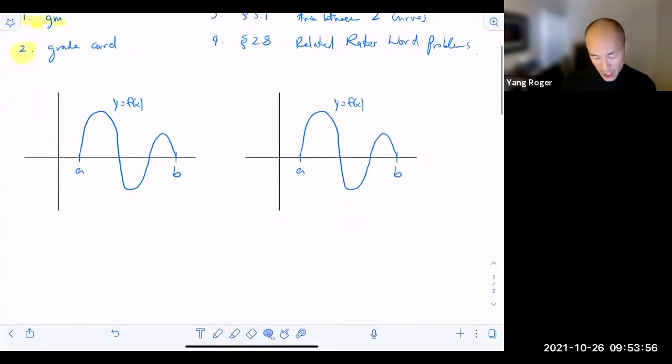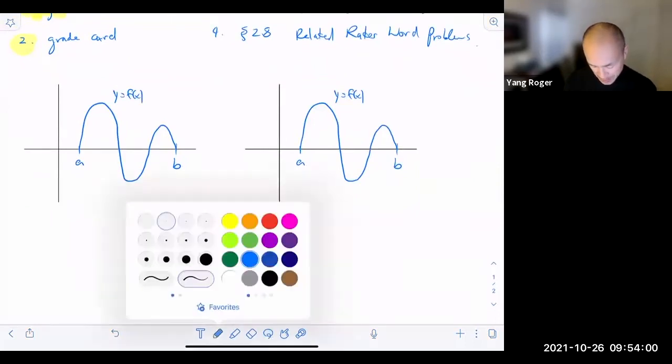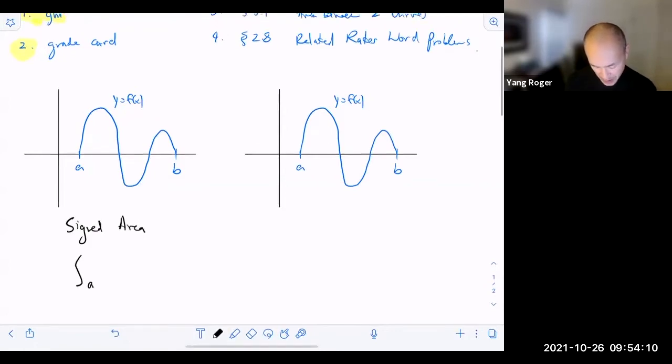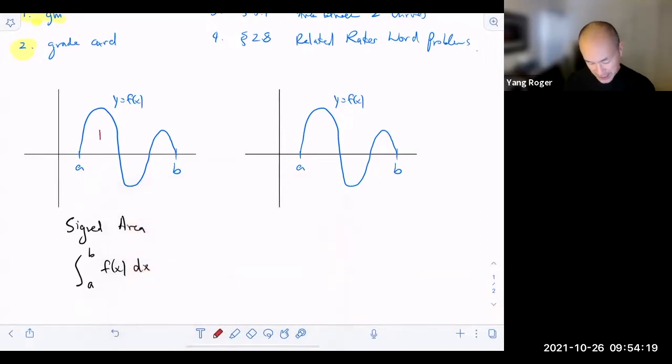And we know that if you wanted to find the signed area, the signed area is just the integral from a to b of this function f of x dx, right? And we also know that the area above the x-axis is positive, the area below the x-axis is negative, and then this third area here is positive. That's what we called signed area.